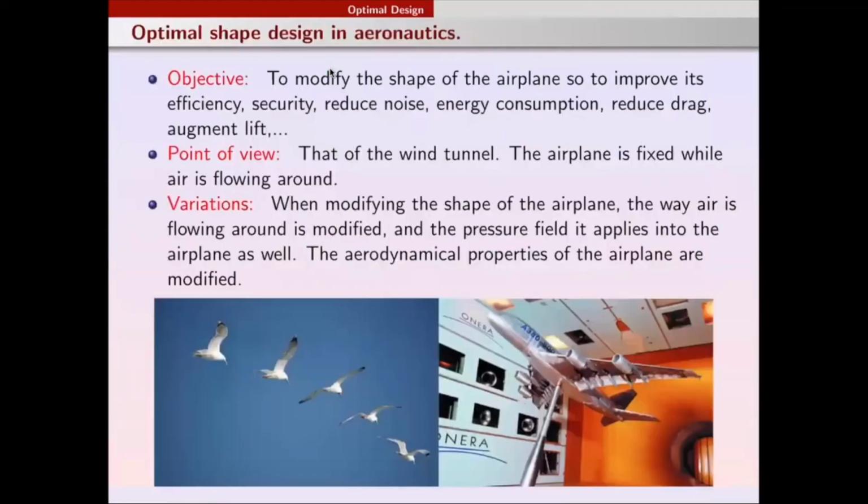So how do we do optimal design? Very often humans do optimal design by inspiration, by imagination, but oftentimes we are just mimicking nature.